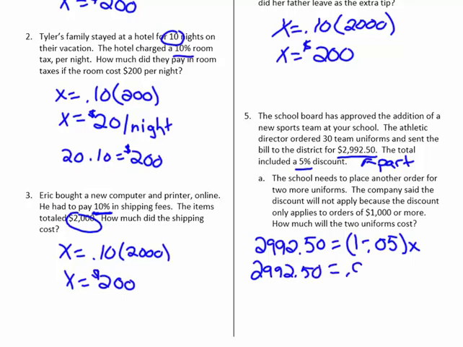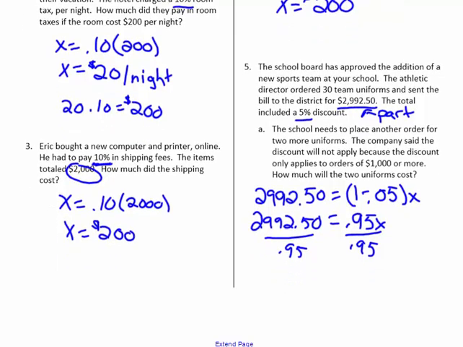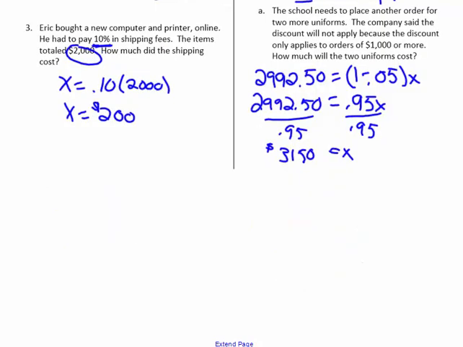$2,992.50 equals 0.95x. To get x by itself, I have to divide, which means x is equal to $3,150. So that's how much the uniforms cost before the discount. Now I have to figure out how much it was for one uniform.